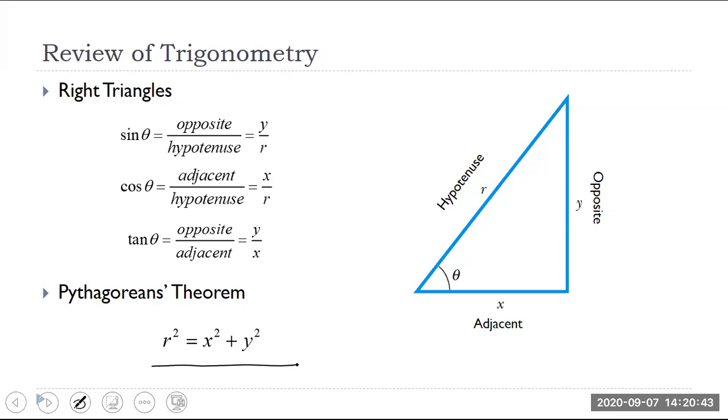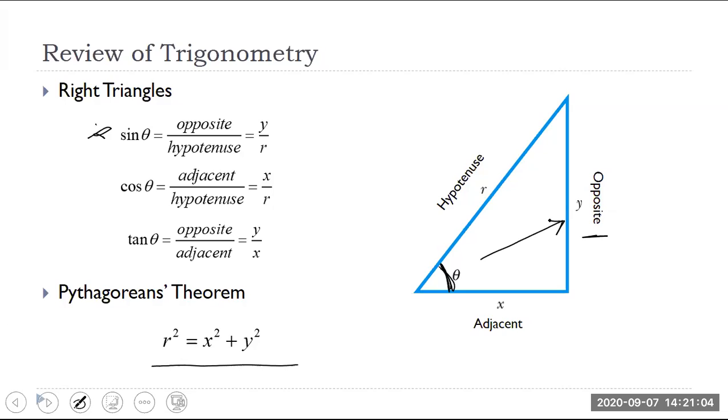Sine here is the opposite over the hypotenuse. And so if I define my angle right here with respect to the x-axis, the opposite side to that angle is the y coordinate, and my hypotenuse is just that polar coordinate r.